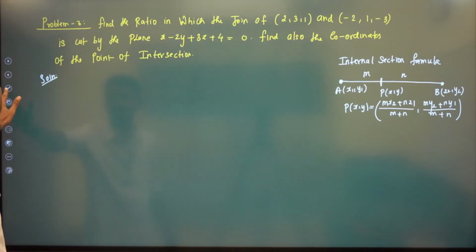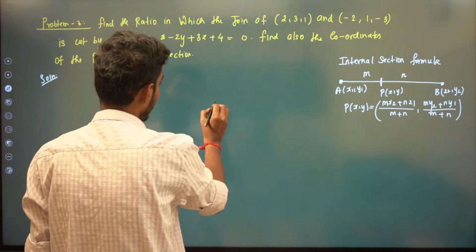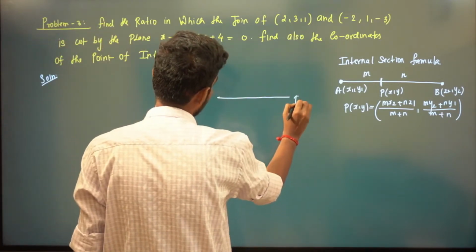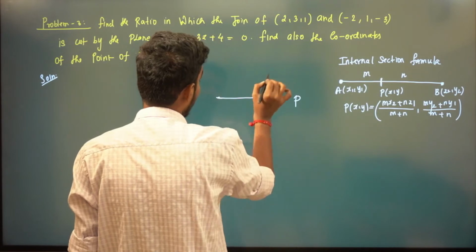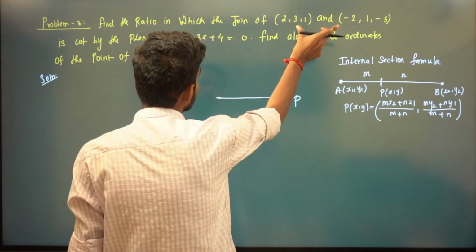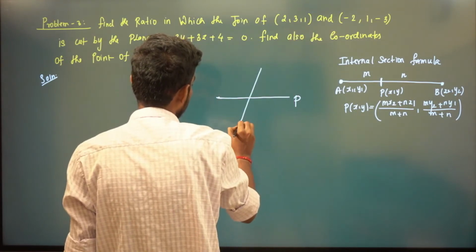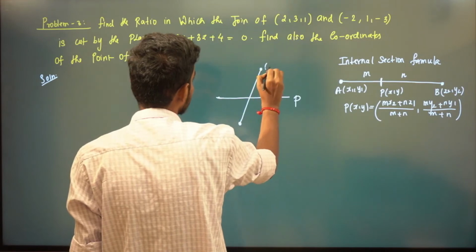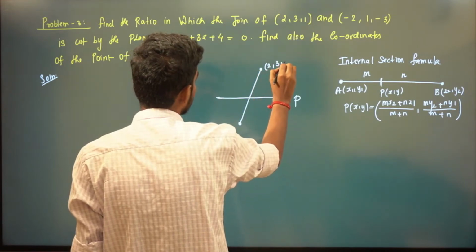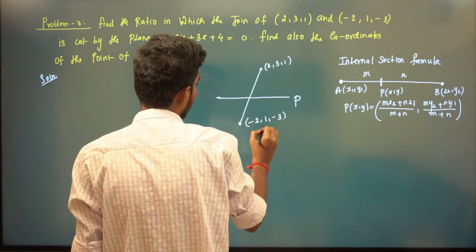So what they have given is: find the ratio in which the join is cut. See, we have a plane, and we have a line. You need to join these two points, so we'll have a line, right? This point is (2, 3, 1), and this point is (-2, -1, 3).